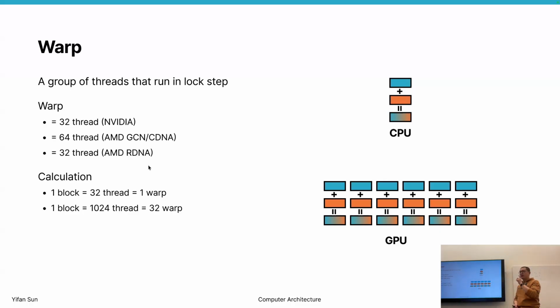Warp is a programmer-transparent concept. The programmer doesn't really know the existence of warps. That's why I explained it on the architecture side of the lecture. When we write the program, we only care about blocks. We don't care about warps. But when you decide block sizes, why do you start with 32? You never want to have 2 threads per block.